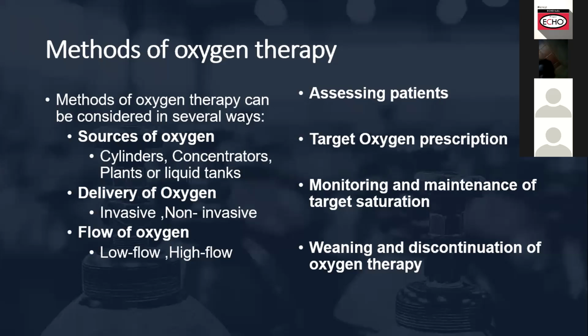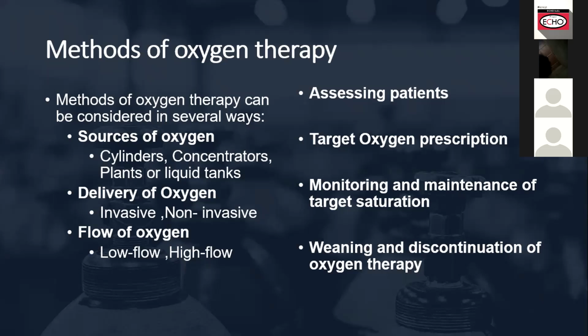Then delivery of oxygen: is it invasive or non-invasive? Remember, when we say non-invasive, it means we are not entering the patient's body, that's why it's superficial. When invasive, it means we are inside the patient's lung, with mechanical ventilation. Then the flow of oxygen, maybe low flow or high flow.